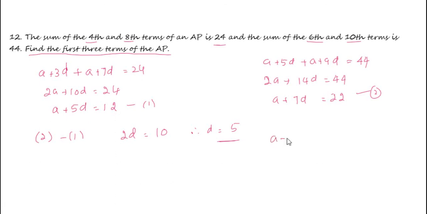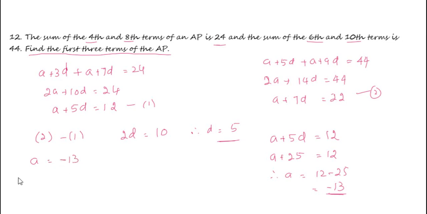D equal to 5. So A plus 5 into 5, 25 equal to 12. Therefore A equal to 12 minus 25 equal to minus 13. So A equal to minus 13.